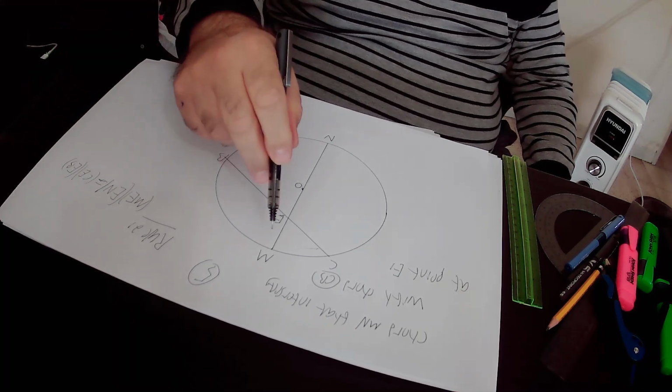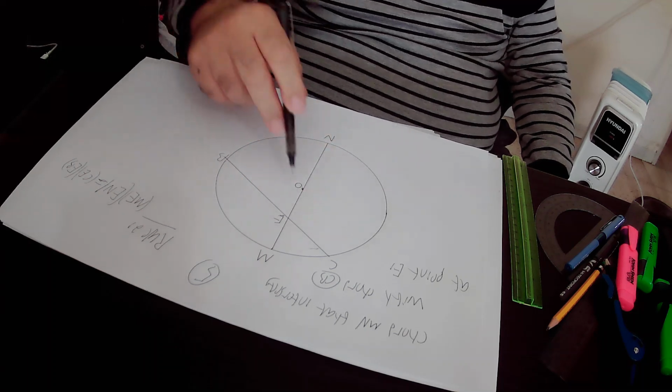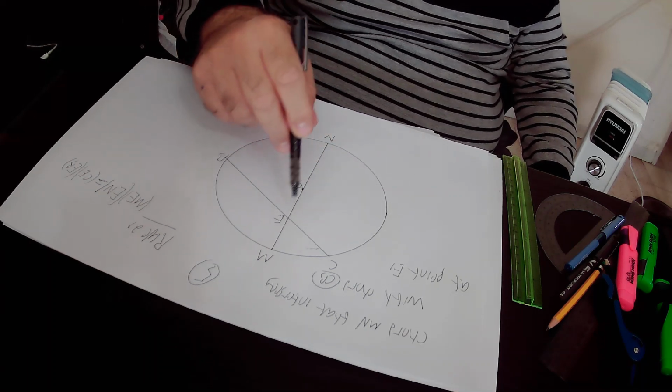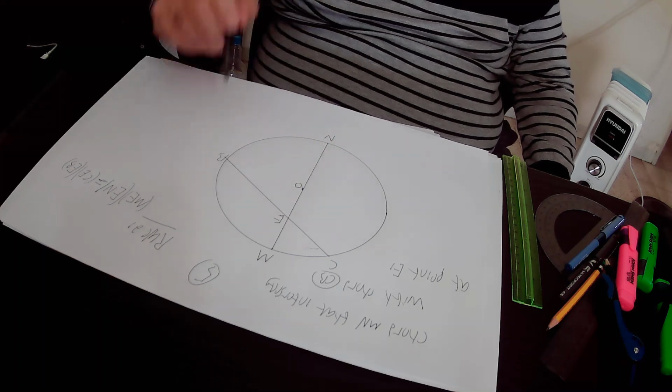Because chord MN intersects with chord CB at point E, according to rule number 2, ME times EN equals CE times EB.